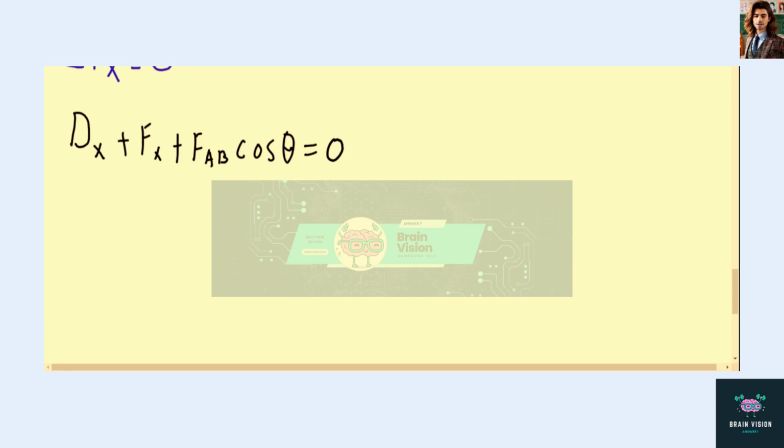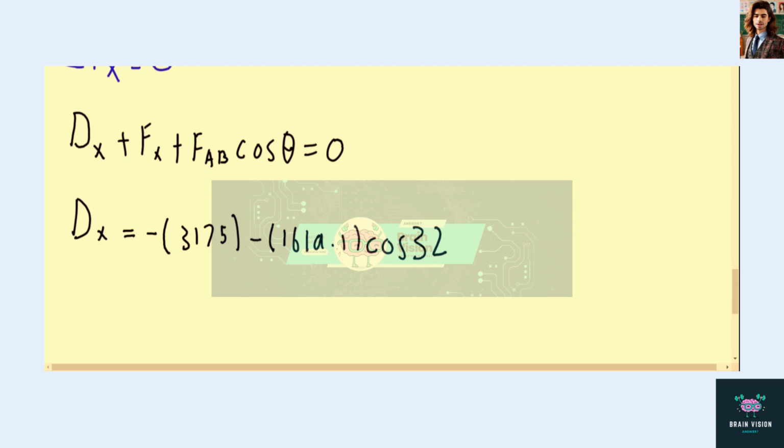Plugging in the known terms, D of x is equal to negative 3175 minus 19.1 times the cosine of 32, since we already know what theta is. And this will give us a force of negative 4,548 pounds.